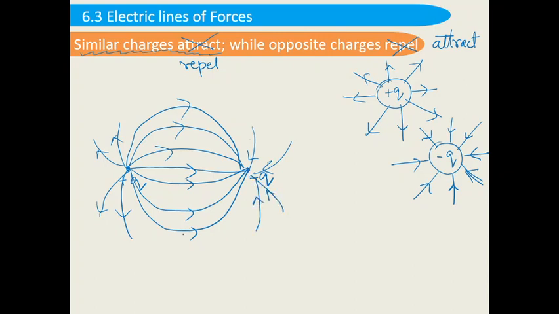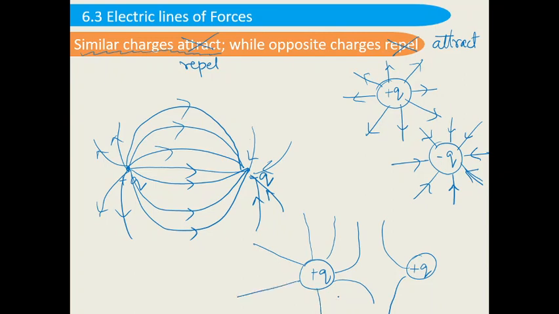But if plus q and plus q charges are kept very near to each other, there won't be any termination, but the electric lines of forces will get bent in this direction like this. Here there will be a normal electric line of forces, while there is some bending in this direction.